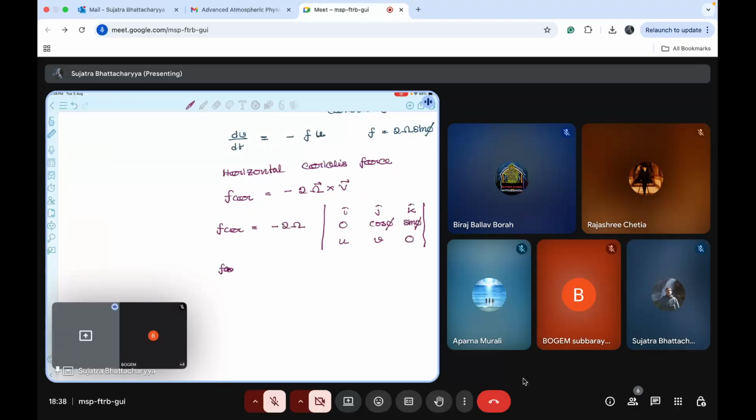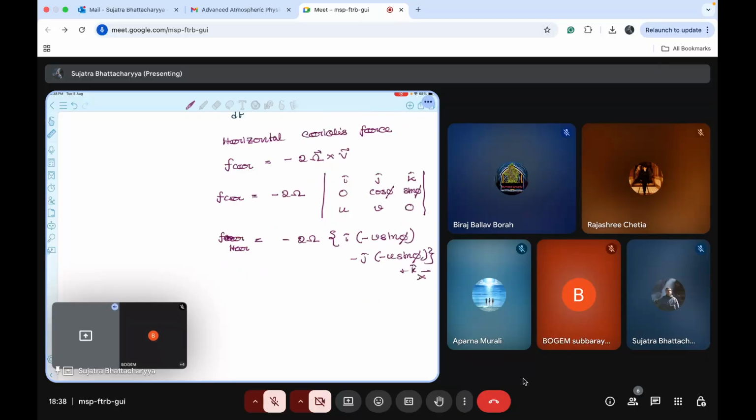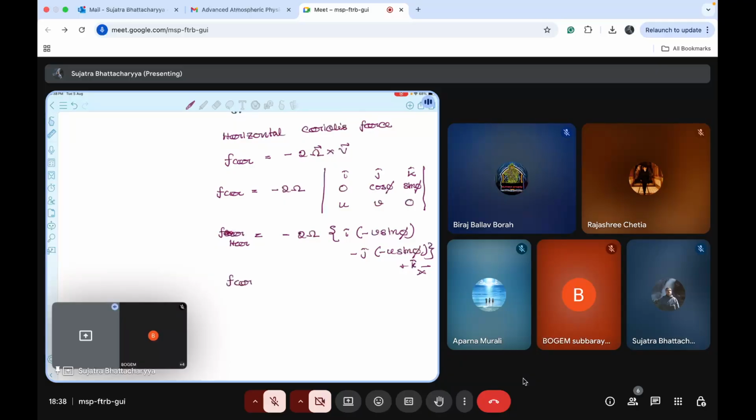Now if you do the cross product, you will get minus 2 omega times i hat minus v sin phi and minus j hat minus u sin phi. The k hat component will not be taken because it is the horizontal. There will be a k hat component, but I will not take that. So the Coriolis force in the horizontal direction is 2 omega sin phi. Let us take a minus sign also.